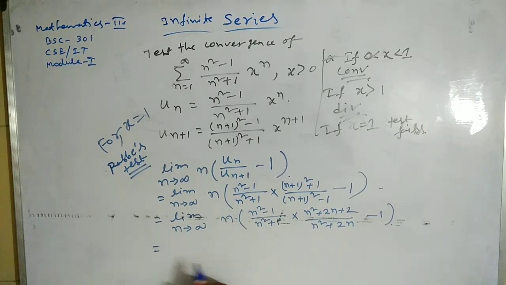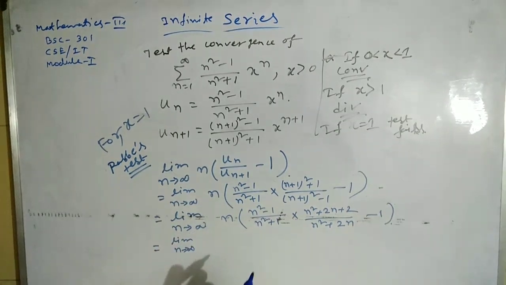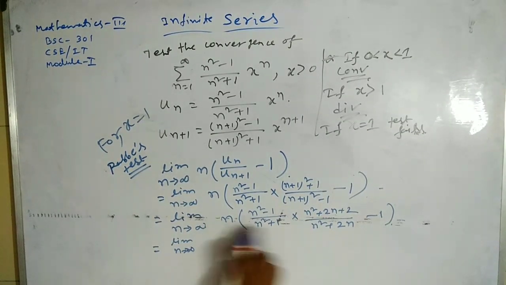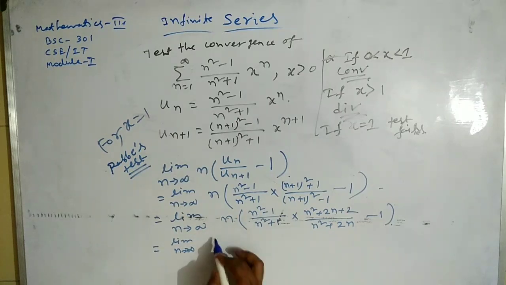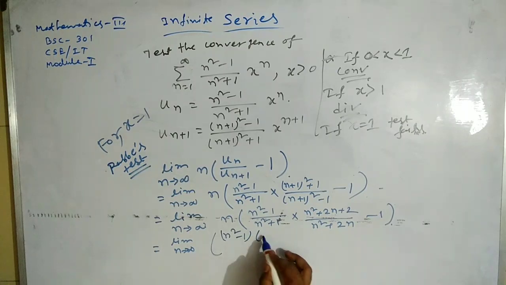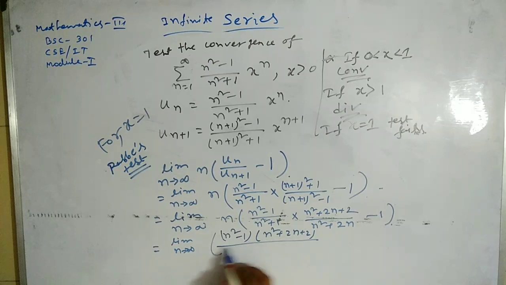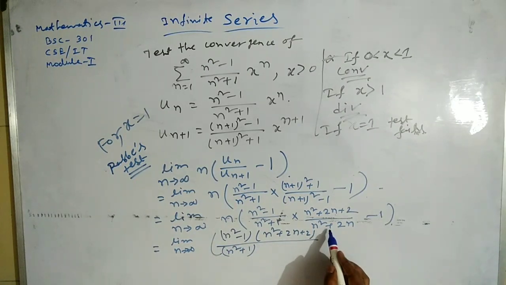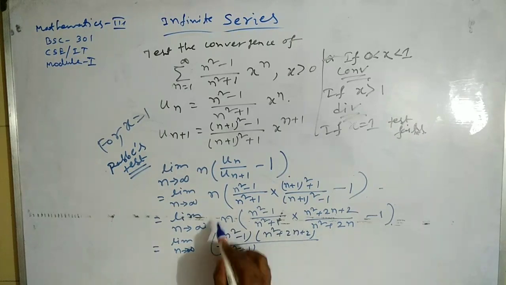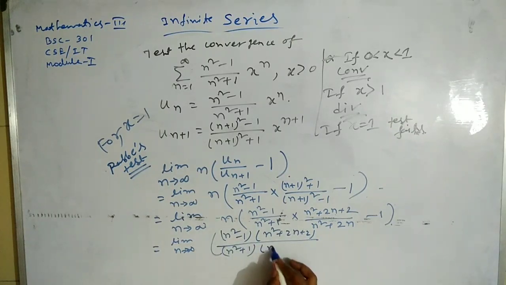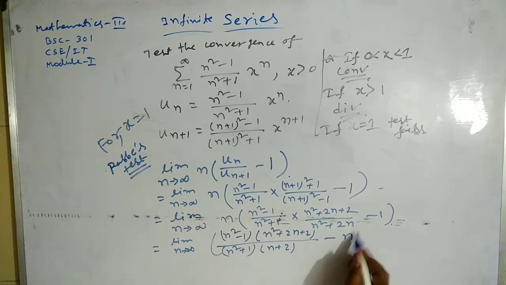Now limit n tends to infinity, I am multiplying by n, and that will be (n² − 1) into (n² + 2n + 2), and denominator is n² + 1, and here n is common, and that n will be cancelled out with this n. So this will be n + 2 and this will be minus n.